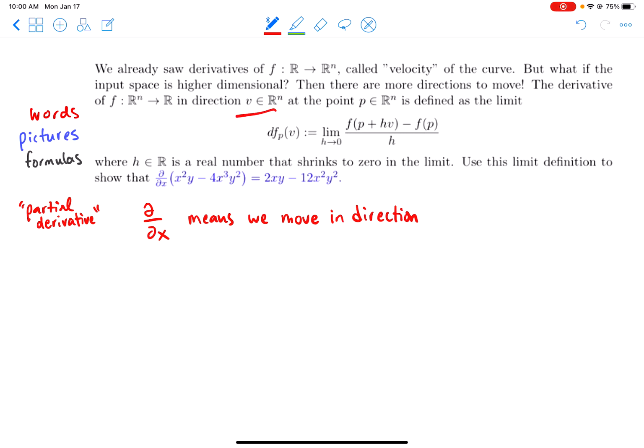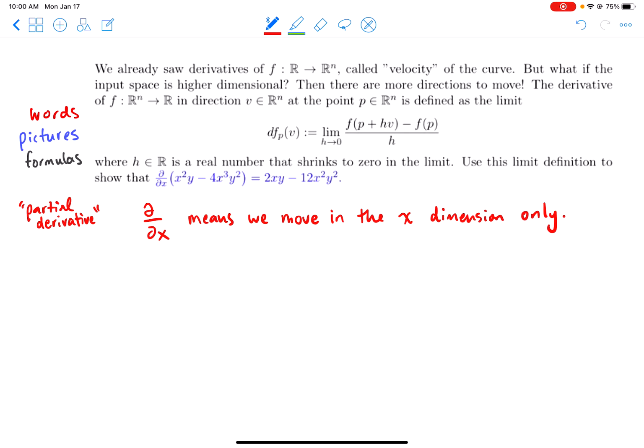So remember, there's going to be a direction v. So in direction v equals 1, 0. Why? Because we move in direction, let's say, the x dimension. We're just moving in the x dimension only, okay?